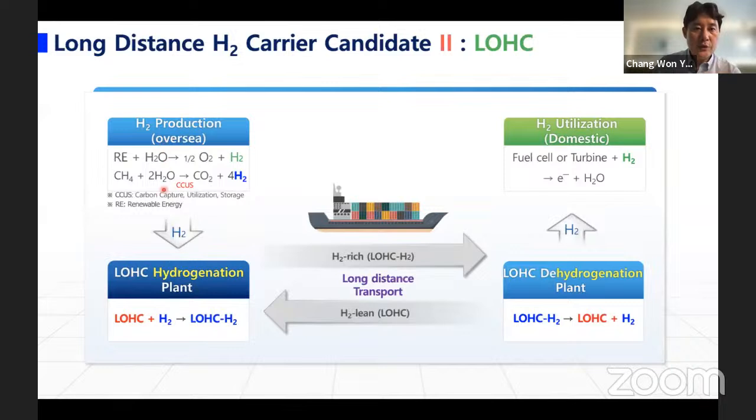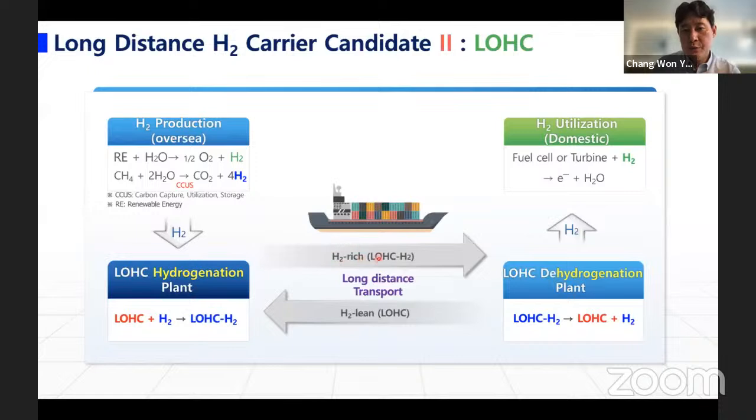Then at the hydrogen production site, what we need to do is convert the hydrogen into the hydrogen-rich form, LOHC. Using an LOHC hydrogenation plant, the hydrogenation reaction proceeds to store hydrogen. The stored LOHC is a liquid. Because it is a liquid at room temperature and atmospheric pressure, we can use any kind of currently existing ship for transportation.